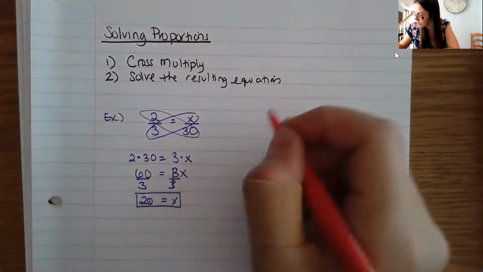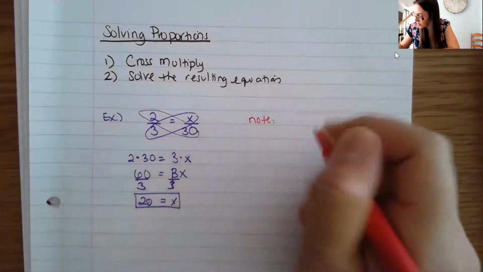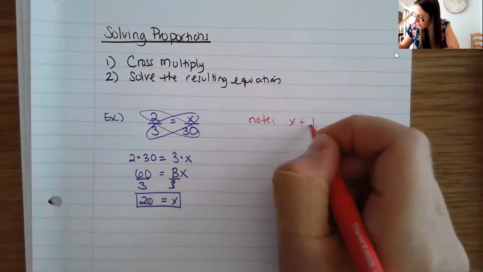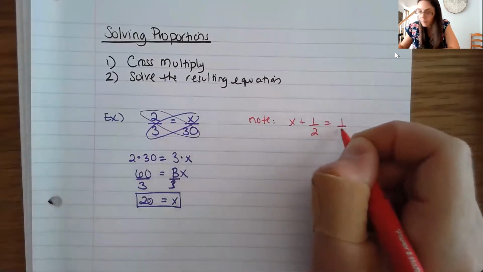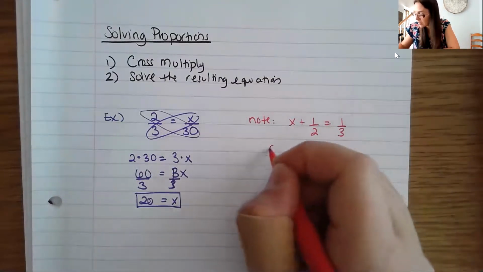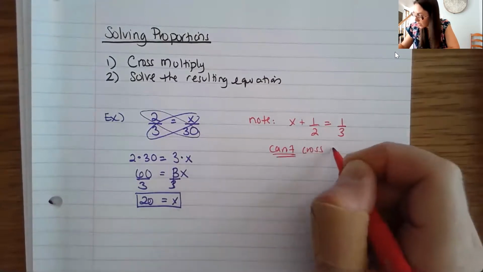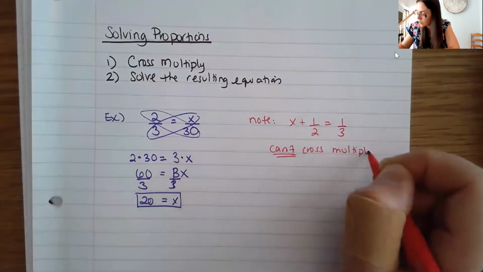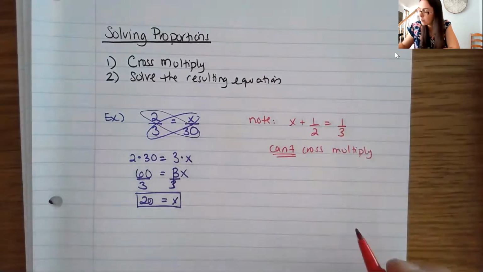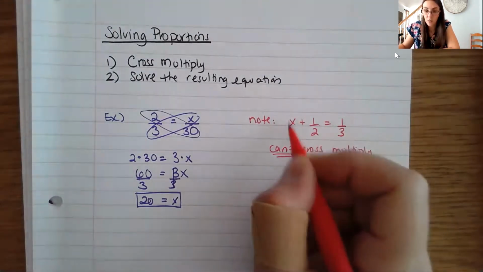So a little side note. Let's say you have an example like x plus 1/2 equal to 1/3, okay? We can't cross multiply here. You can't just do the 1/2 and the 1/3 because I have this extra x plus left over.